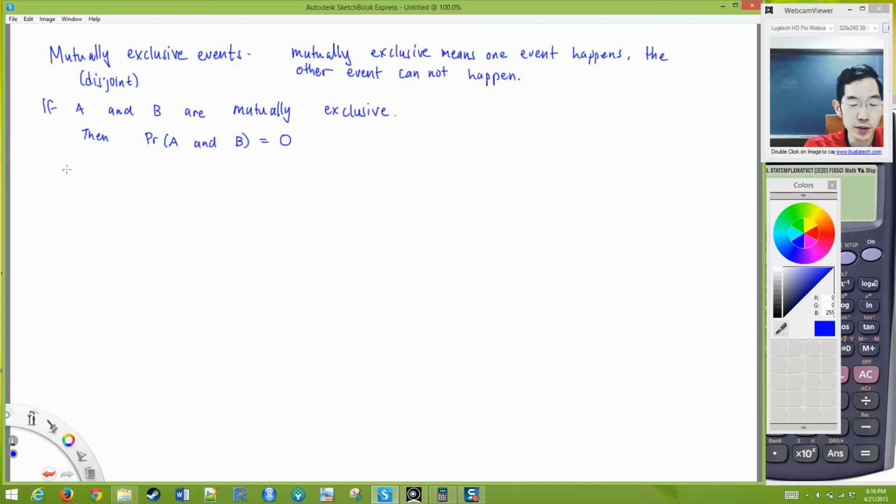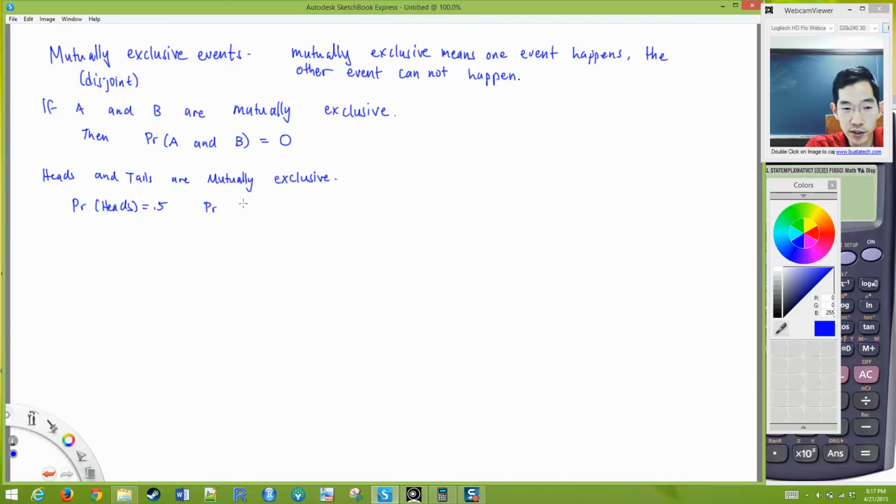So, for example, heads and tails are mutually exclusive. If the coin lands heads, it cannot have at the same time landed tails. So probability of heads is 0.5.